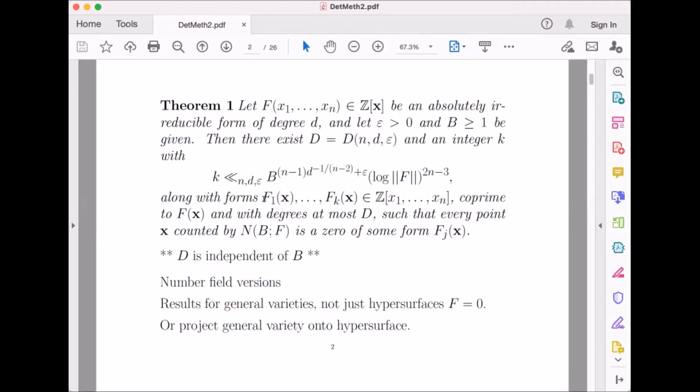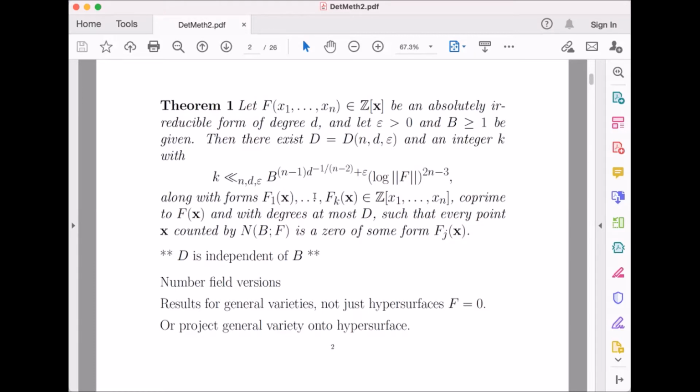And there are forms f1 through to fk, again with integer coefficients in n variables. And these forms are coprime to the original form f. And they have degree bounded by this integer capital D. That's to say they're bounded in terms of n, d, and epsilon.